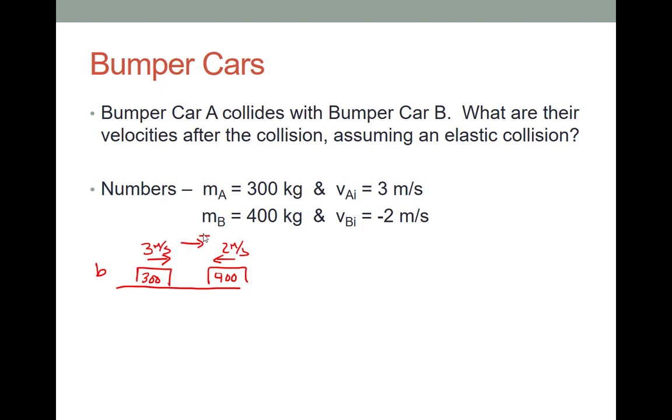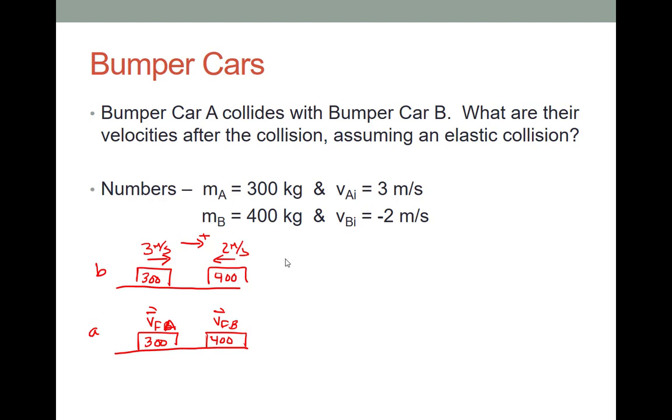I've chosen again to let positive be to the right. After, I don't have any information. I don't know what these two cars are doing afterwards, and this should be V final A. Sorry. There we go. Okay.